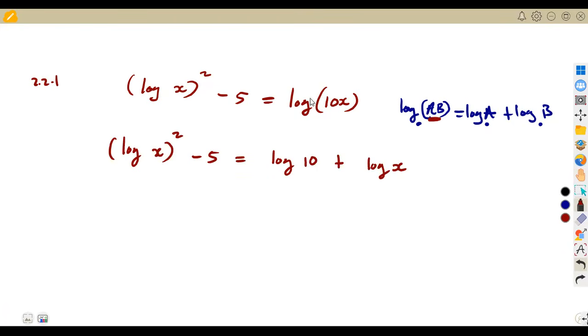So take note, we had log 10 plus log x, and we multiplied 10 times x because the bases are the same. Like I said, if the base is not given, it means we are in base 10.